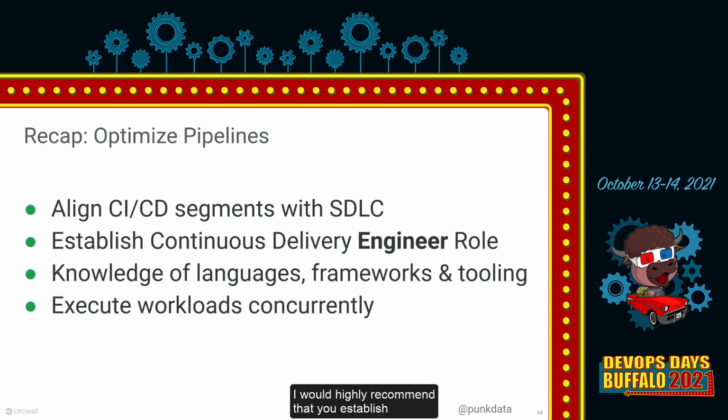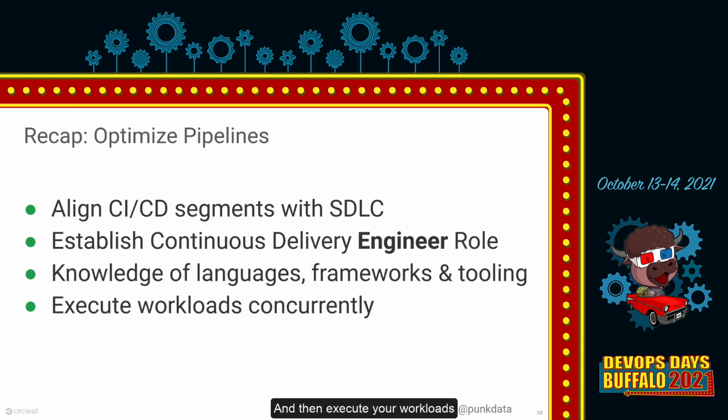I would highly recommend that you establish a continuous delivery engineer or CI/CD engineer role within your organization to help move things along, ensure that the tooling is working properly, and take ownership of your entire continuous delivery practice within your organization and teams. Have deep knowledge of the technologies you're using, such as languages, frameworks, and tooling. That will definitely help with the automation portions and keeping things running smoothly.